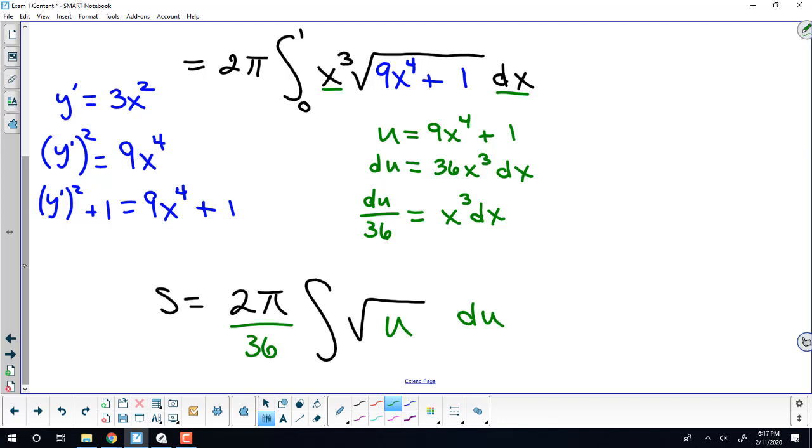Either way, when x is 0, u equals 9x to the 4th plus 1, so u is 1. And when x is 1, u is 10. So the bounds look easier with x. The function is a little bit simpler with u. So it's kind of a toss-up.